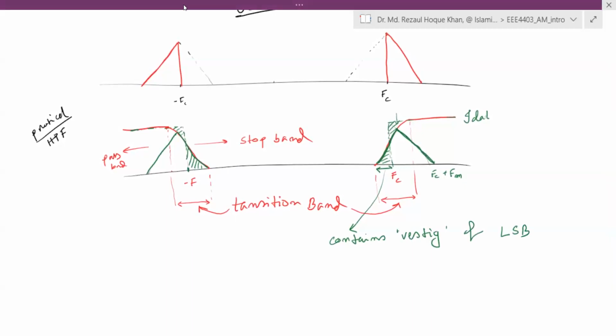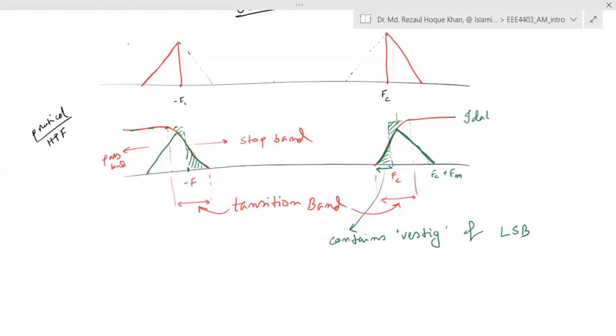Actually, this portion below FC actually comes from the lower sideband, right? Because we know here, if I mimic this part, then this part is the lower sideband. So it actually contains a small portion from the lower sideband. So this vestige means portion.